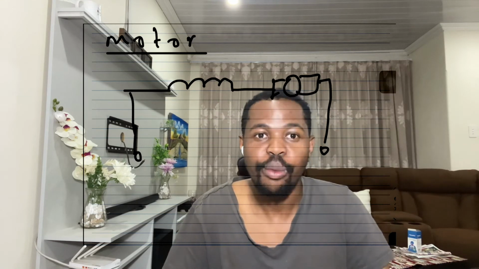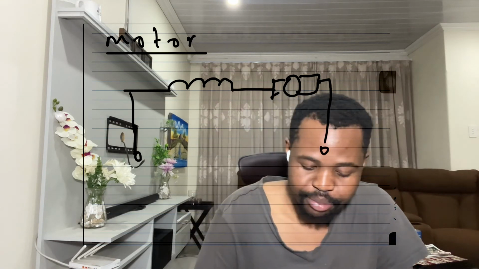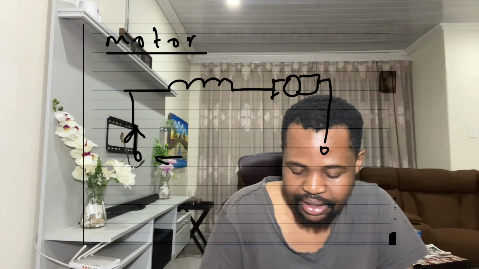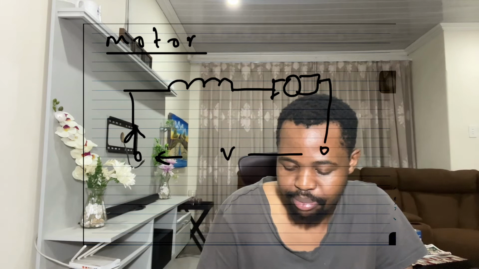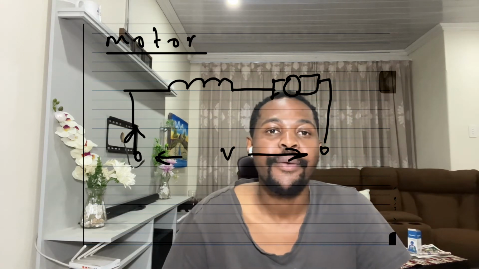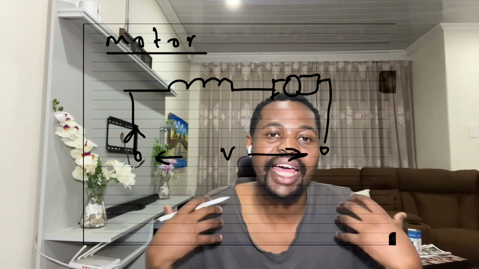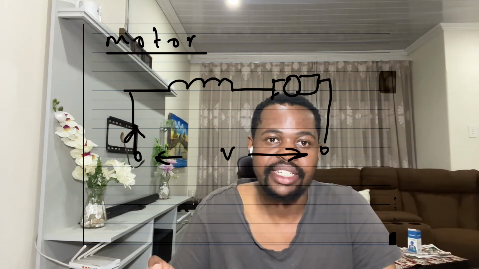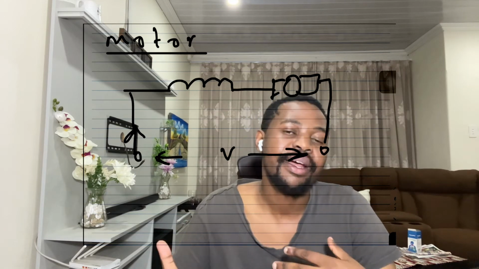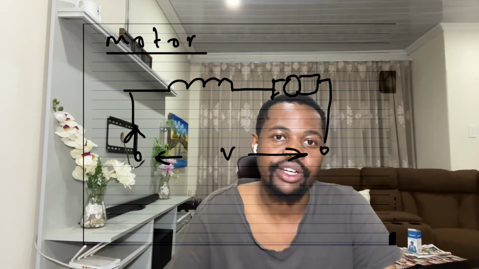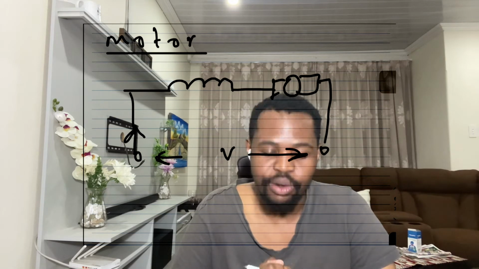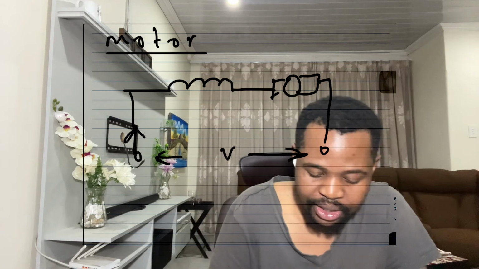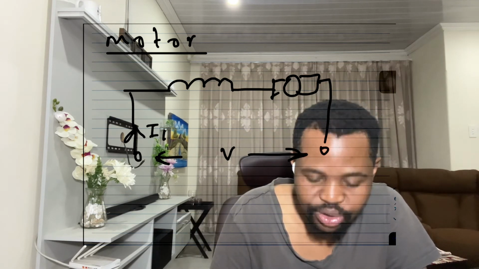Notice where I will draw my source current. My source current is coming from the supply. Why? Because remember now I'm supplying this machine with electricity in order to get motion out of it. So basically, I am operating it as a motor. So IL is the source current this time.